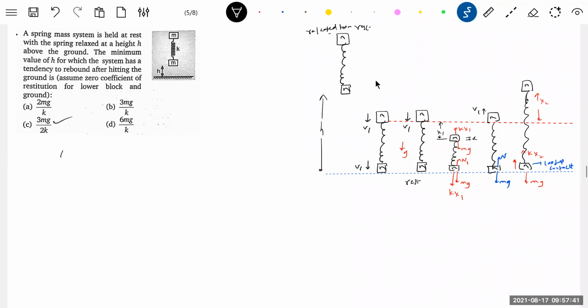For the lower block to rebound, what is the necessity condition? Kx2 should be greater than or equal to mg. Minimum we are going for it. Then what is v1? Equal to root of 2gh.